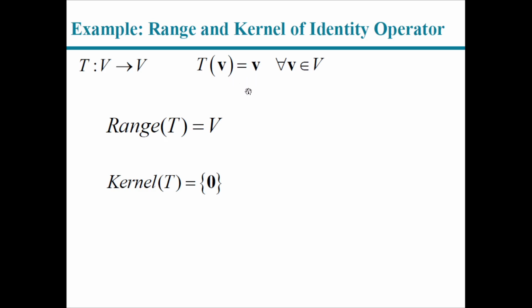So we cover everybody. The image of each object is itself, so the range is V. Now the kernel or null space is everybody who's sent to 0. Well, only one object is sent to 0: 0 is sent to 0. So the kernel in this case will be 0.